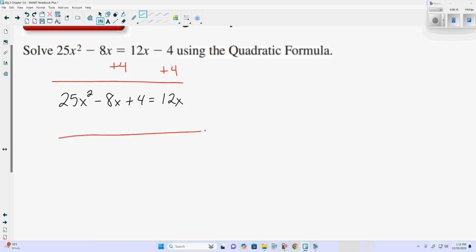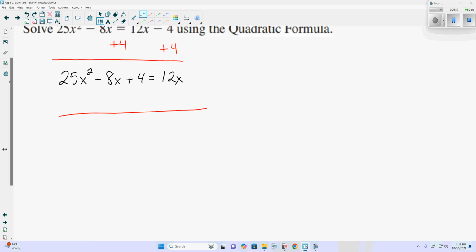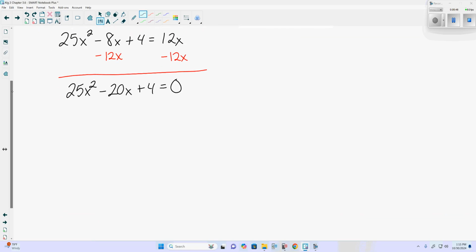What can we do next? We can minus the 12x, which will tell us that we have 25x squared, well, our negative 8x minus 12x is negative 20x, plus 4 is equal to 0. Now, the order in which we do these doesn't really matter, because we could have subtracted the 12x first, then added the 4, or done it this way. Doesn't matter as long as everything ends up being on the same side.